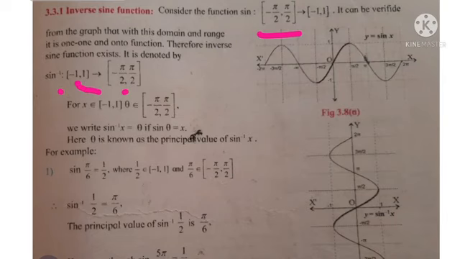Here you observe this sine function graphically. So for all x belonging to the closed interval -1 to 1, theta belongs to minus pi by 2 to pi by 2.